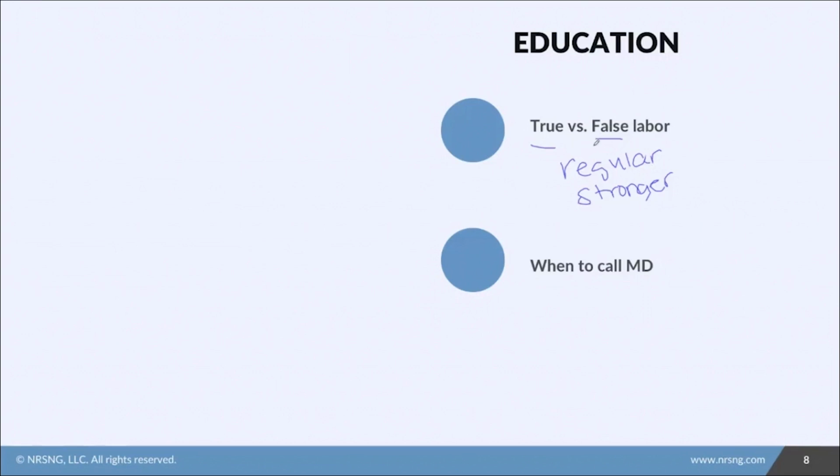A physician or nurse would be checking that, but she can certainly know if she's having regular, stronger contractions that aren't stopping with rest or hydration. And then she needs to know when to call the doctor. We want the patient to call, obviously, if she's ruptured membranes, because we need her to come in. Also if she's having contractions that are 5 minutes apart or less, and any bleeding, she needs to call the office.